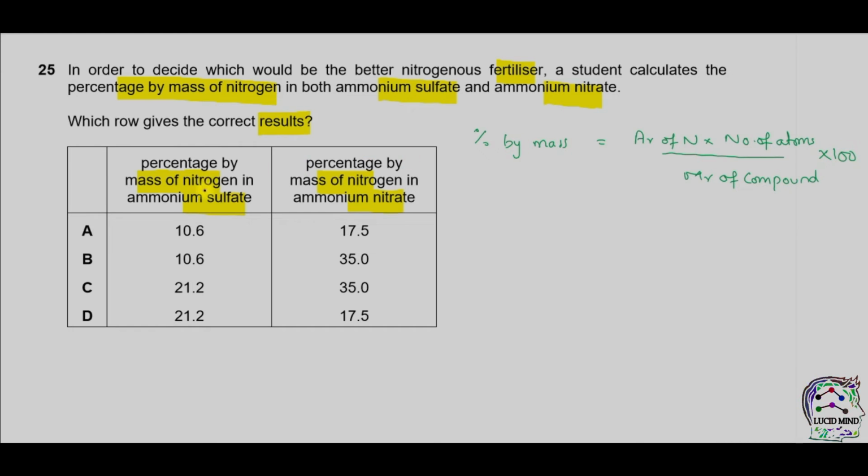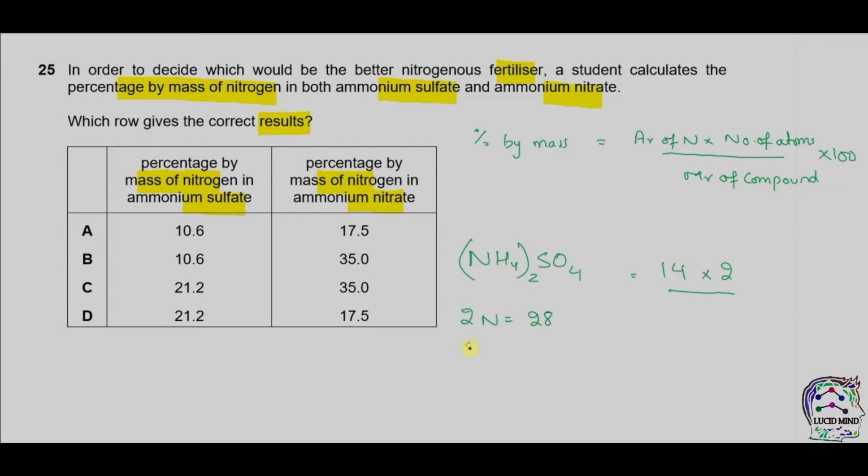Let's first find this in ammonium sulfate. The formula of ammonium sulfate is (NH4)2SO4. We have two nitrogen atoms. So according to the formula, the atomic mass of nitrogen is 14. There are two atoms of nitrogen divided by the whole molecular mass. Let's find the molecular mass. 2 nitrogen is 28.